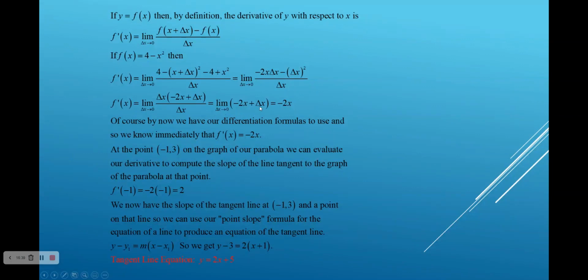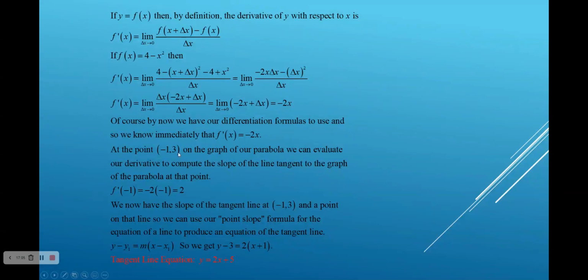Put 0 in for delta x, you get negative 2x. So that limit, which equals the derivative of this function here, is negative 2x. Of course, if you're taking calculus you know a differentiation formula that will produce that result immediately, but this does remind you of the limit process where it came from.